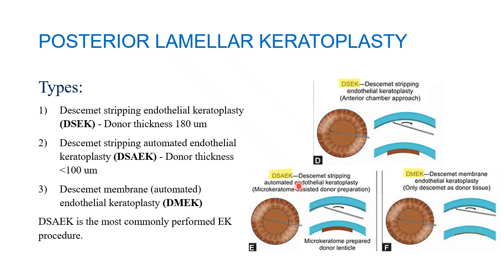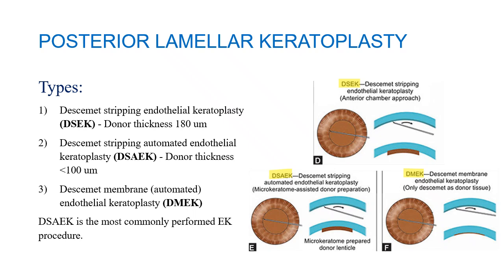Whereas in DSEK, in both the cases, some amount of stroma invariably is also transplanted. That is why the lenticule is thicker here, right? Obviously, if it is 100 microns, it must be having a part of the posterior stroma as well, right? DMEK lenticules are typically about 20 microns in thickness, and they include only the DM and the endothelium.